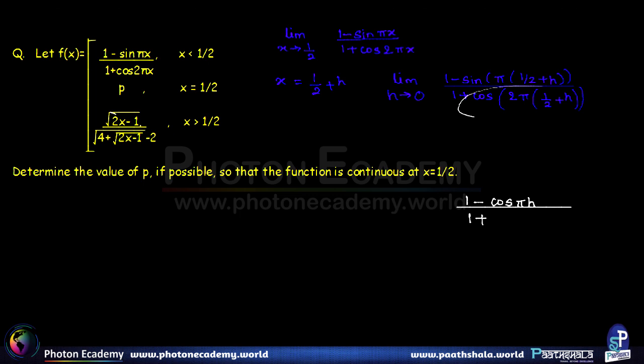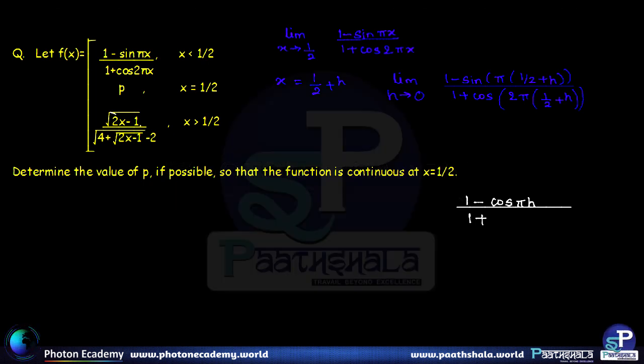Now observe this term, it will be cos of (pi plus 2 pi h). Cos of (pi plus theta) is minus cos theta, so this will become minus cos of 2 pi h.